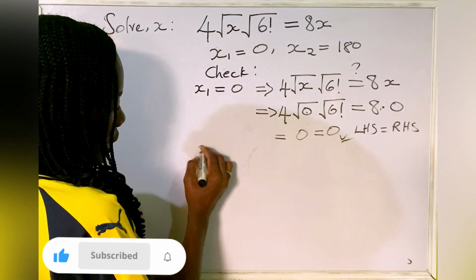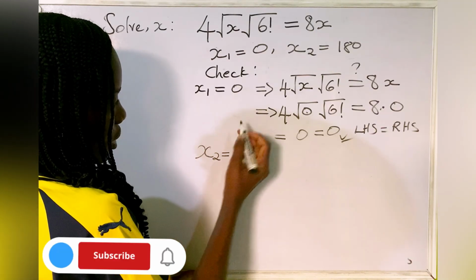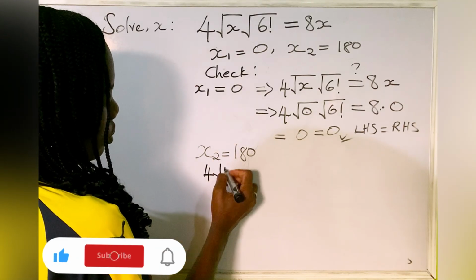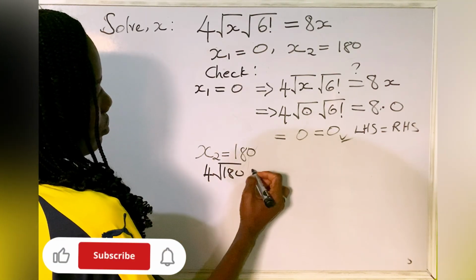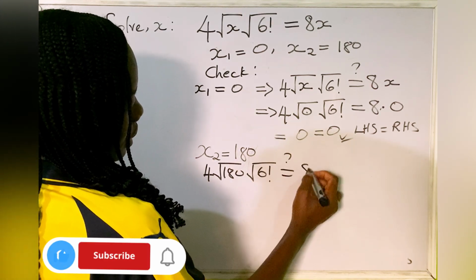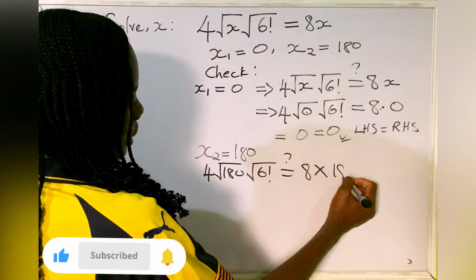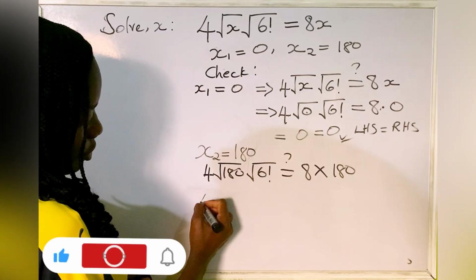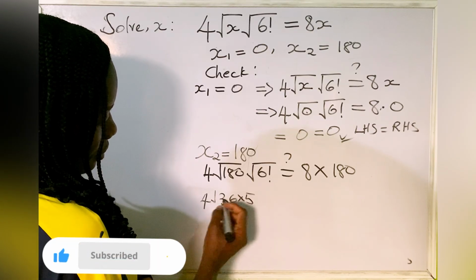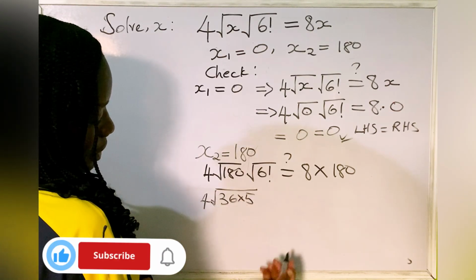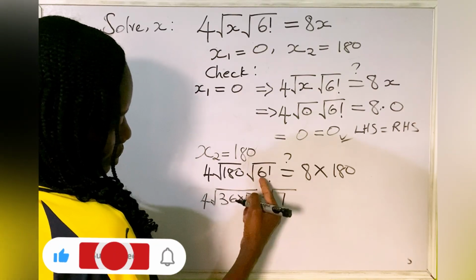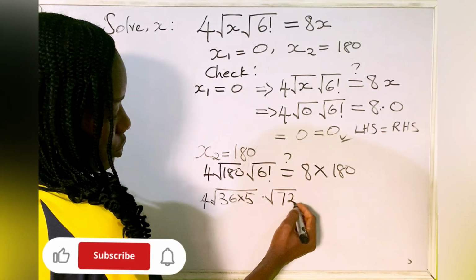So let's check for the x2, which is 180. 4 root 180 root 6 factorial, is it equal to 8 multiplied by 180, right? Here we have 4. 180 can be written as 36 multiplied by 5. Root 36 multiplied by 5, and that is multiplied by 6 factorial, which is 720, right?